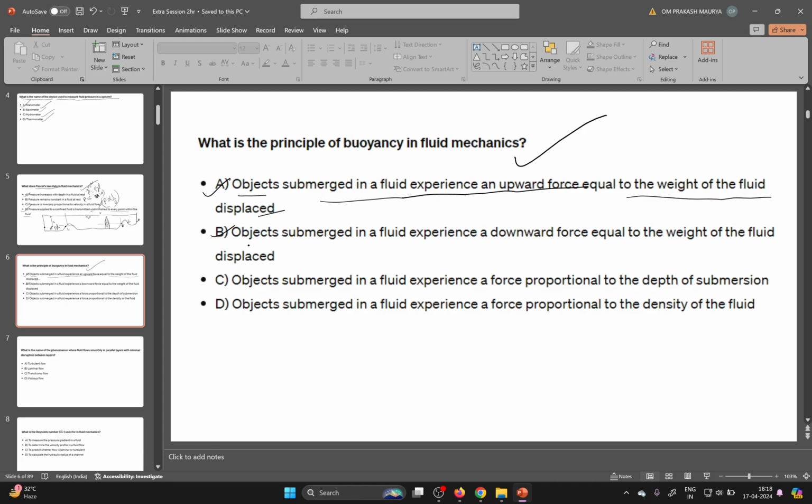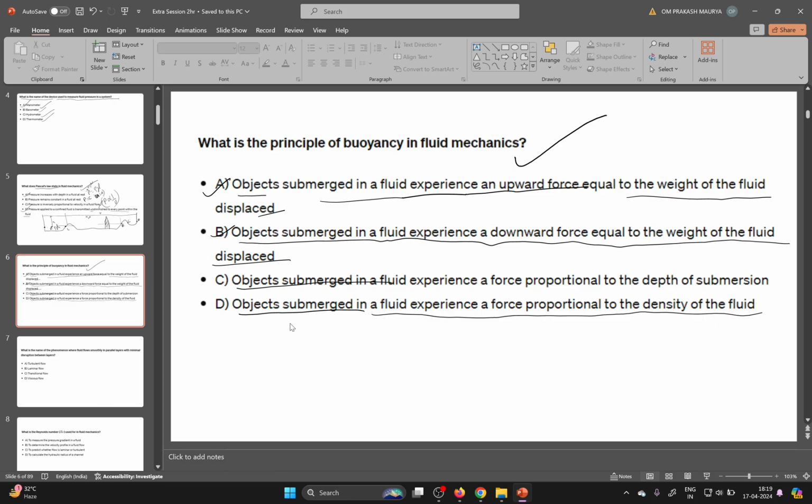Option B, objects submerged in a fluid experience a downward force equal to the weight of the fluid displaced. Option C, objects submerged in a fluid experience a force proportional to the depth of submergence. Option D, objects submerged in a fluid experience a force proportional to the density of the fluid.